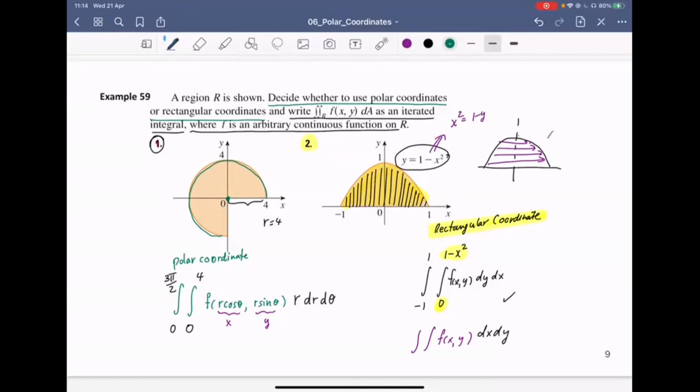On this piece, this is x equal to square root of 1 minus y. This piece is x equal to negative square root of 1 minus y. All right. And if you want to use x dy, x is going to be from negative square root of 1 minus y to square root of 1 minus y.